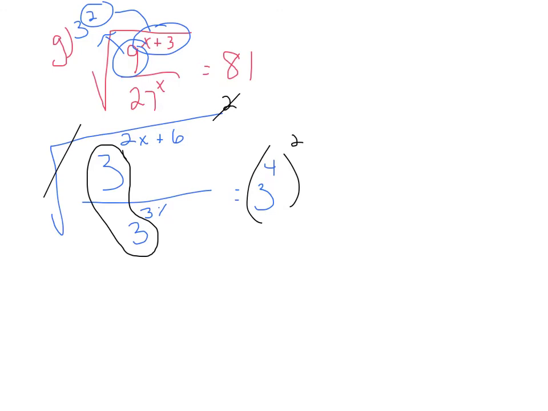So do you add the powers or do you subtract the powers? Oh, that's right. You subtract the powers. Now make sure to combine like terms. 2x minus 3x is actually negative x. The plus 6 is still hanging out. And the right side will say 3 to the 8th power. Ah, so now I got a 3 on the left, a 3 on the right. Take the exponent.